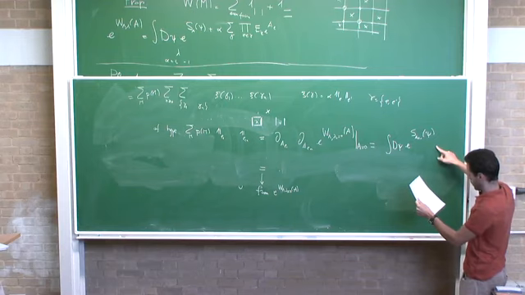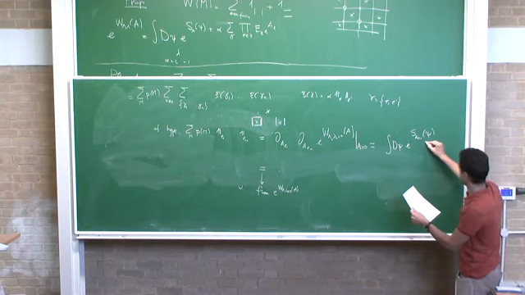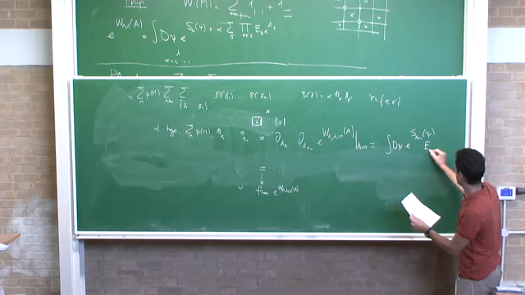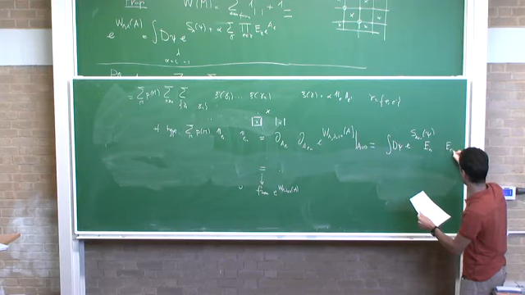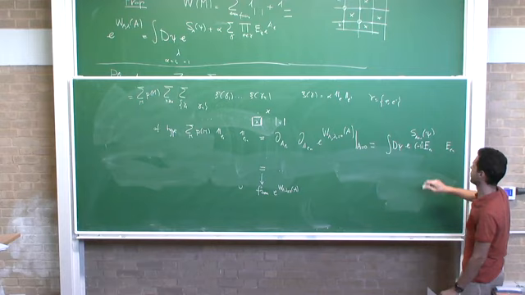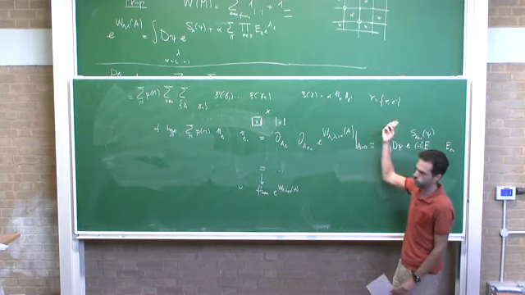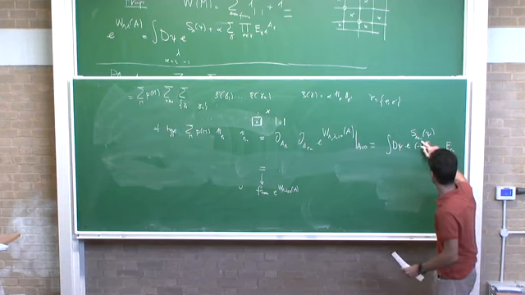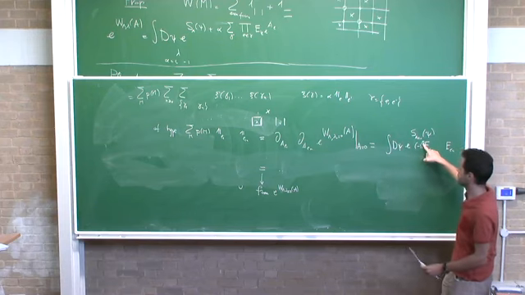And then what I have is just a product of psi E1 up to psi E2n, and a minus 1 to the power n because there was an a to the power n.